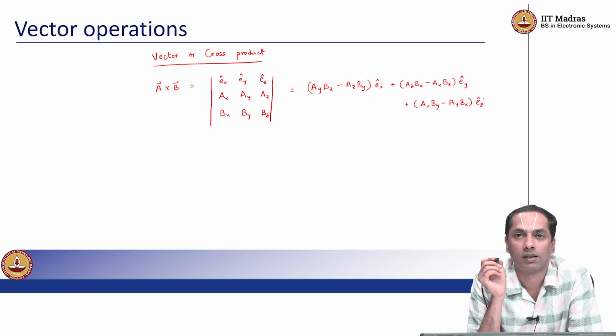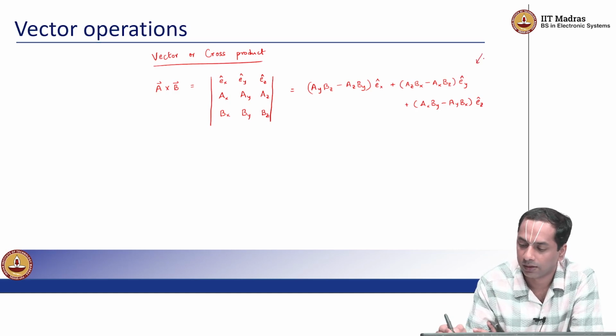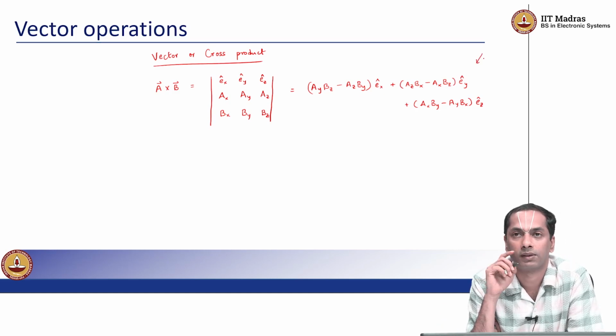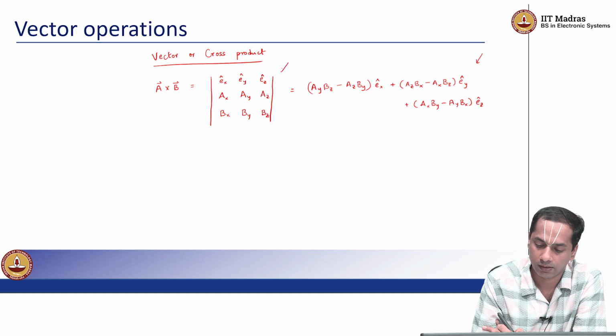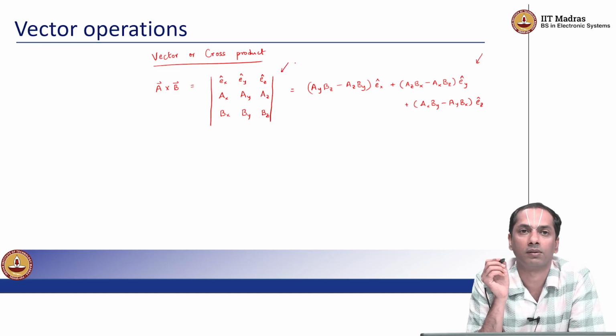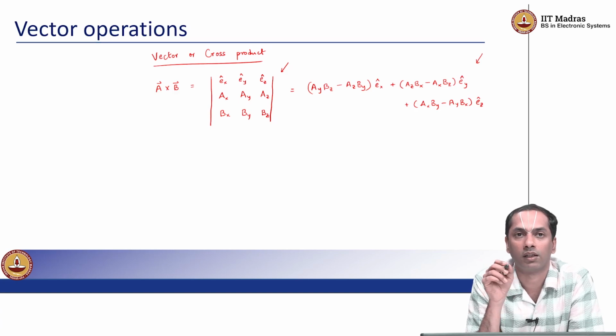So rather than having to remember this, the determinant form seems a lot easier to remember. I just line up all the unit vectors on the first row, and then you have the individual components of the vectors a and b, and when I expand it out as a determinant of a matrix, I can essentially get the final vector.